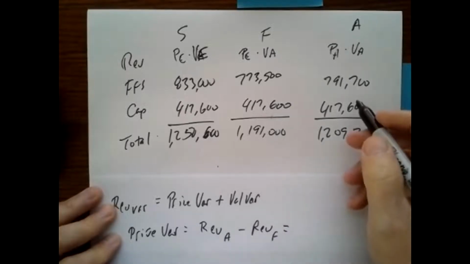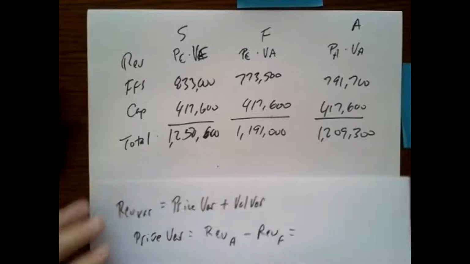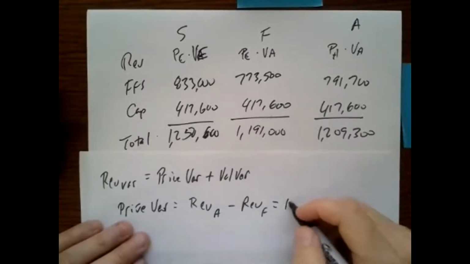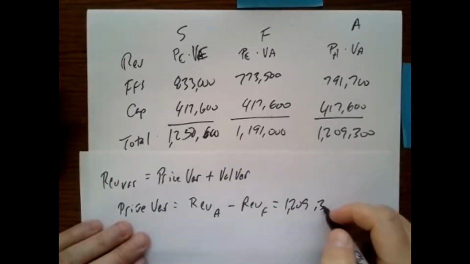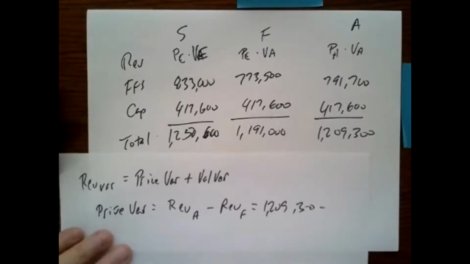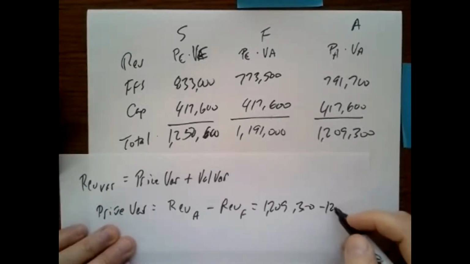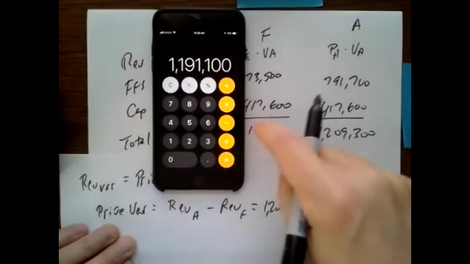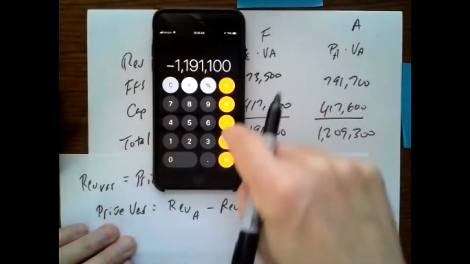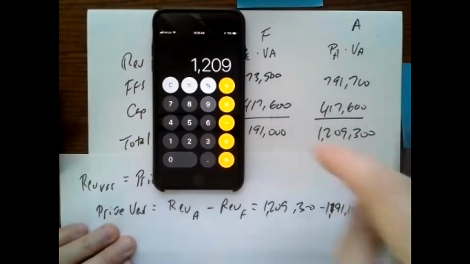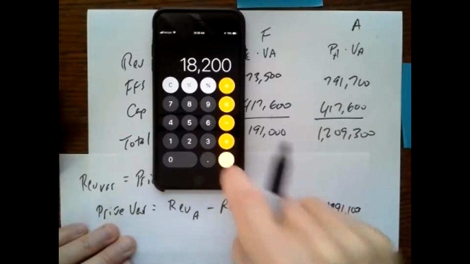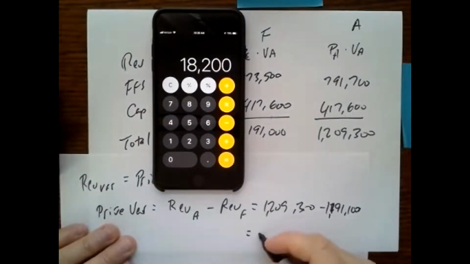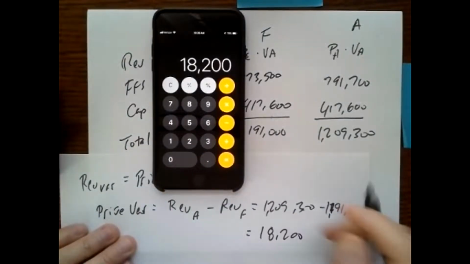So that's 1,209,300 minus 1,191,100. So 1,191,100, we'll make that negative. Add 1,209,300. We get price variance is 18,200.